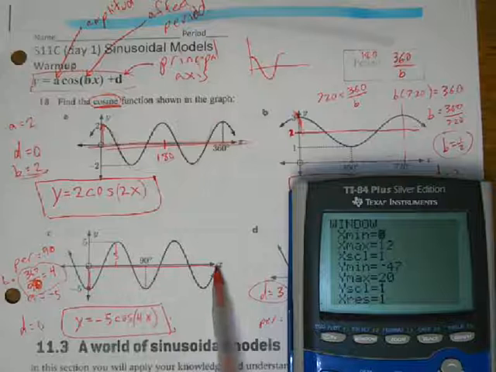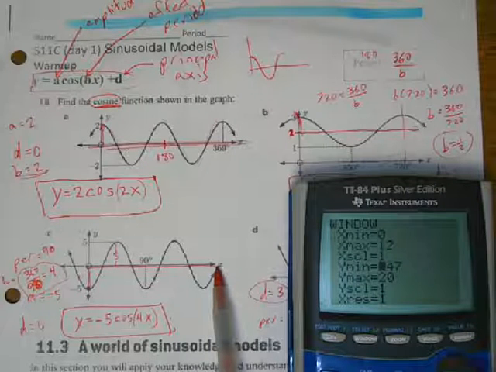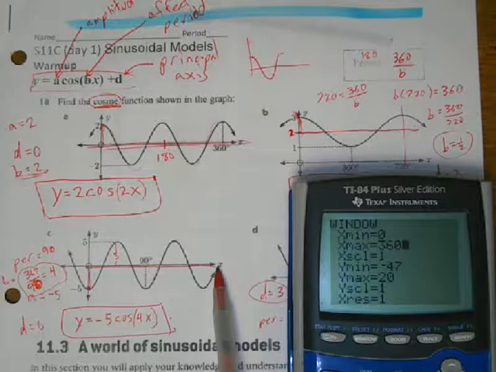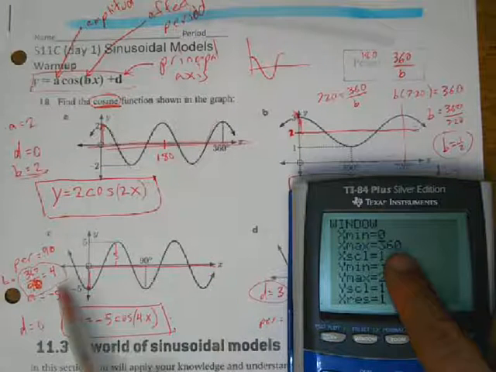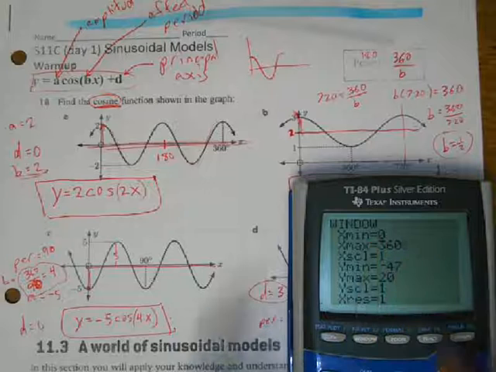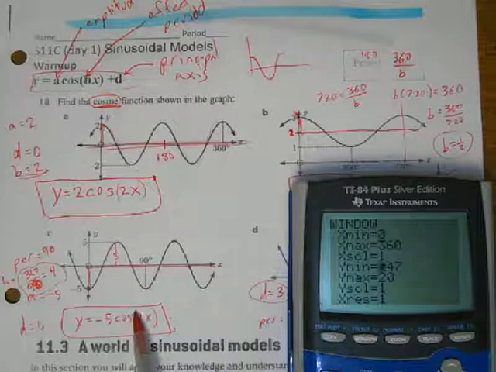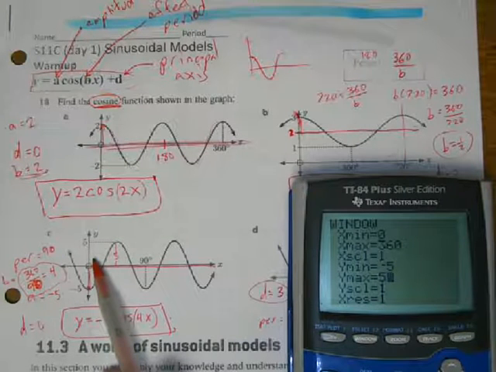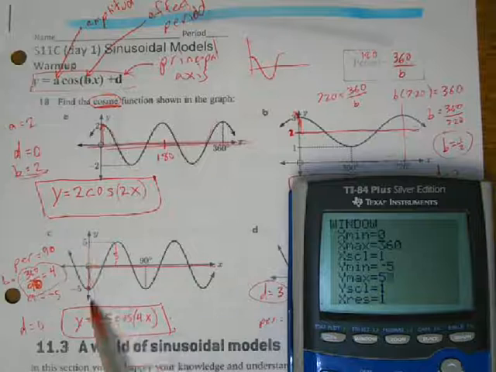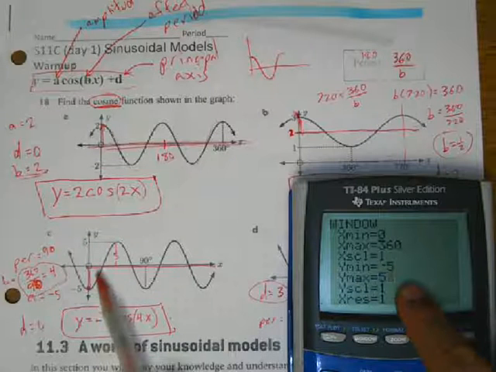Let's make the X max 360, and X min can be 0. And Y min, we need to make that -5. And Y max, we need to make that 5, because those are the lowest and highest values of the Y.